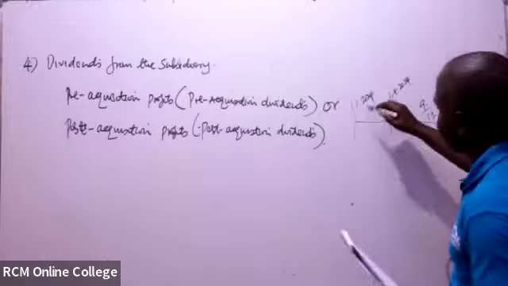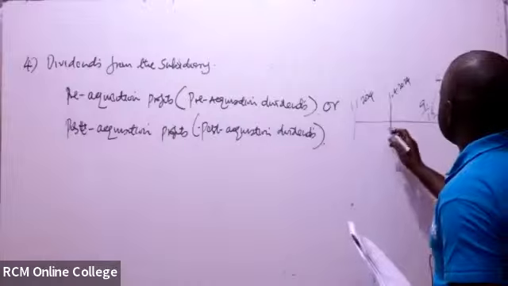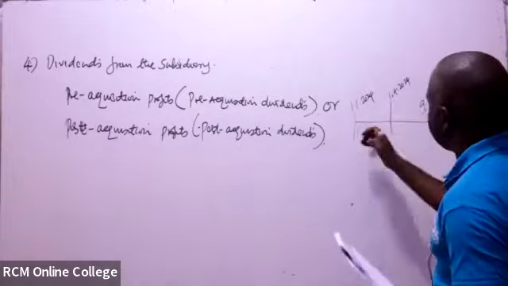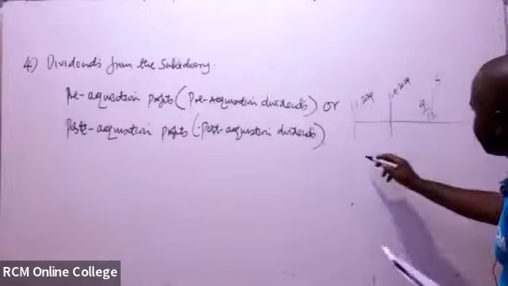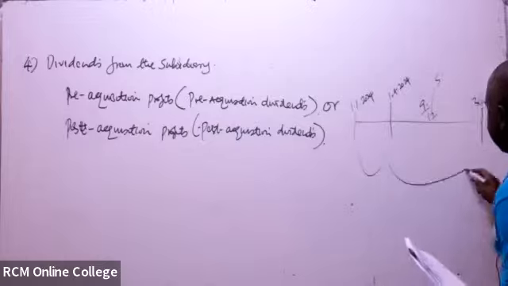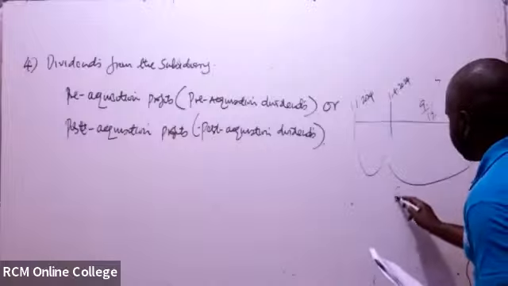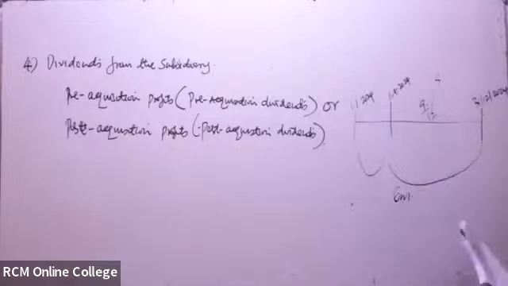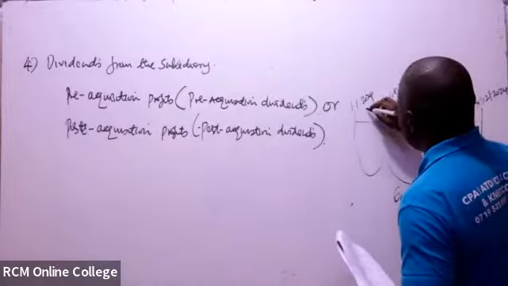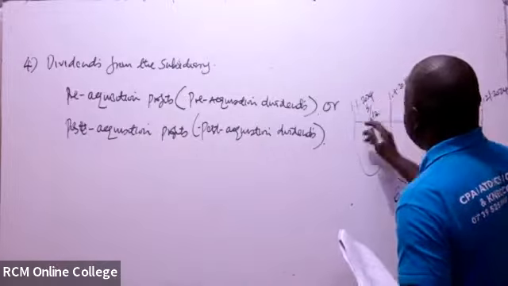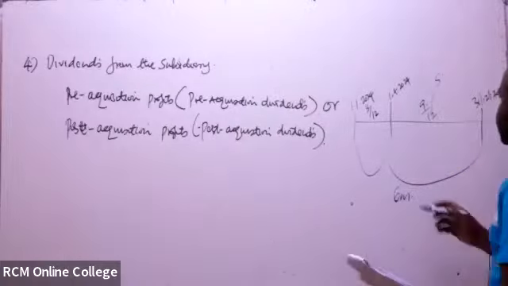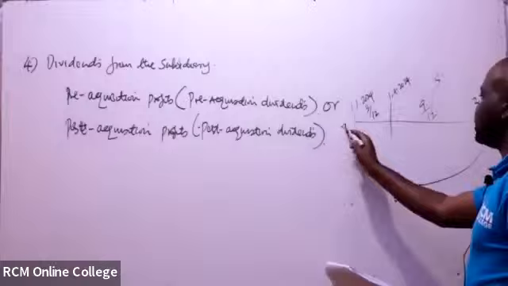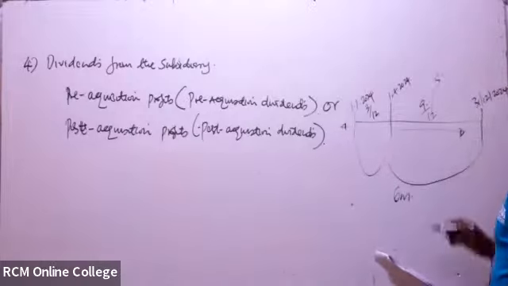They would have prepared their accounts for the entire year, and maybe reported profits of 6 million for the entire year. The pre-acquisition period is 3 out of 12, plus the periods behind that, where there could be some retained earnings. This one becomes the post-acquisition period.